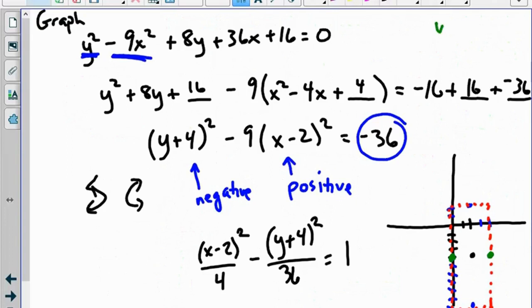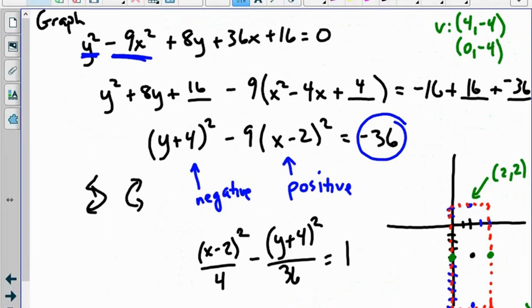So our vertices are at (4, -4) and (0, -4). And if we wanted to write the co-vertices, they would be at (2, 2) and, I believe, (2, -10).